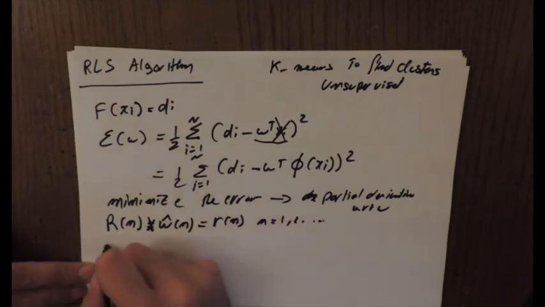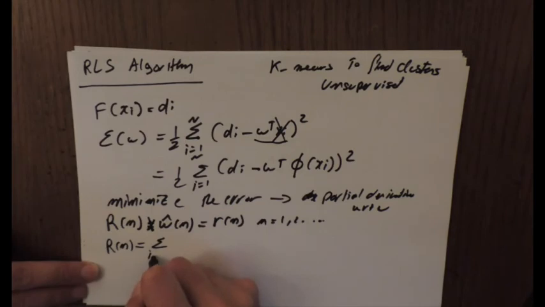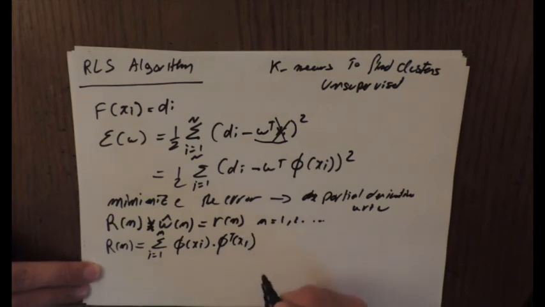We have R of n equal to the summation from i equal 1 to n of phi of xi times phi transpose of xi.